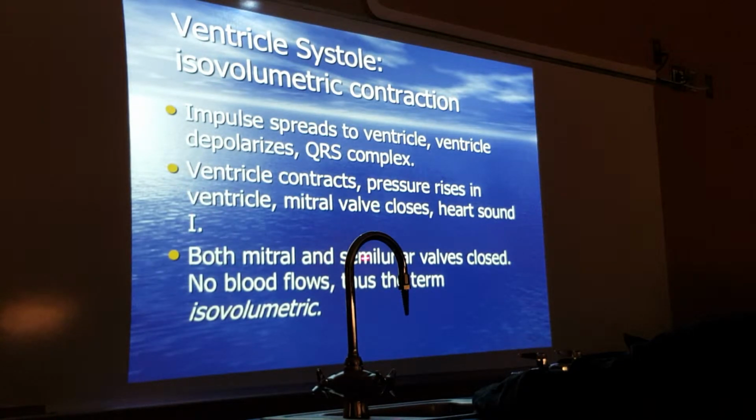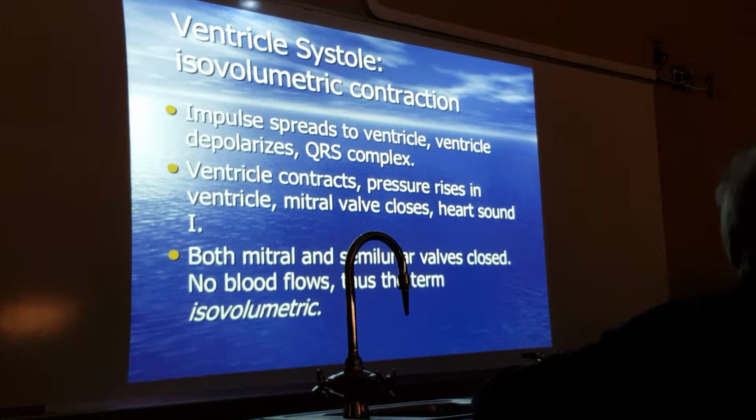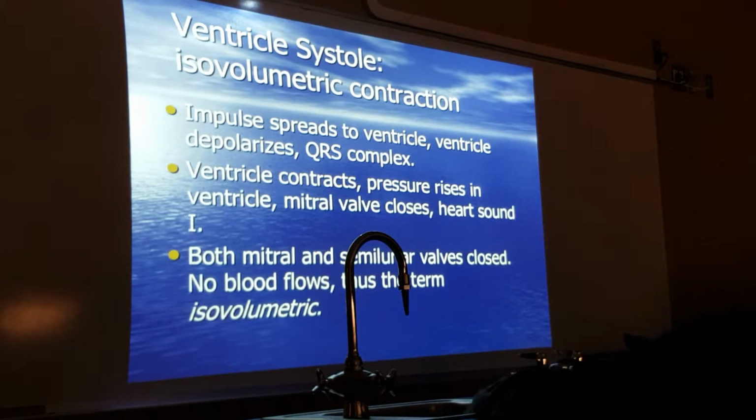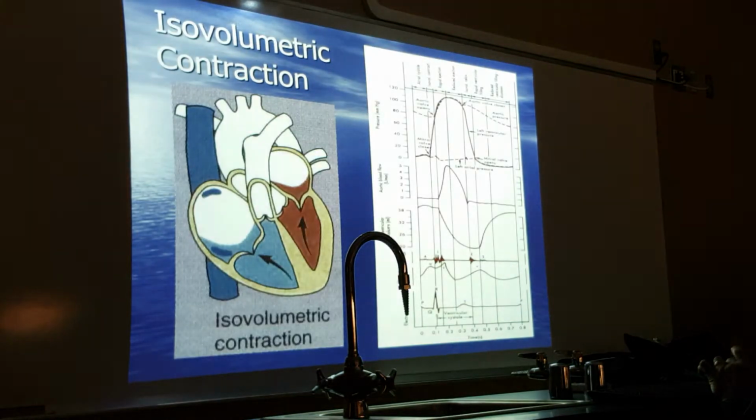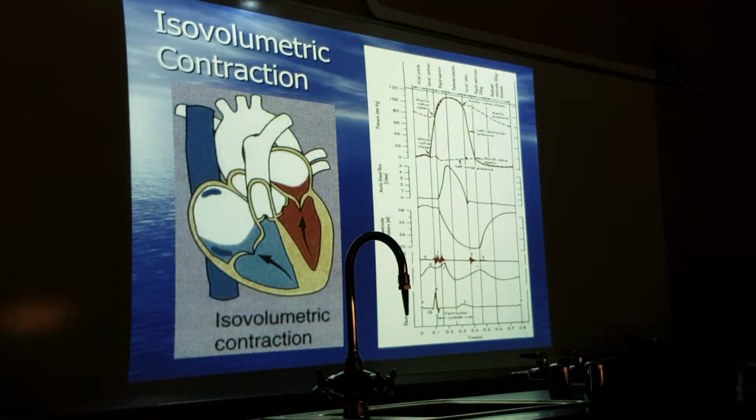Both the mitral valve and semilunar valves close, thus the term isovolumetric. The pressure goes up like crazy. In isovolumetric contraction, all the valves are closed, and all that's going on is the ventricles are squeezing like crazy.